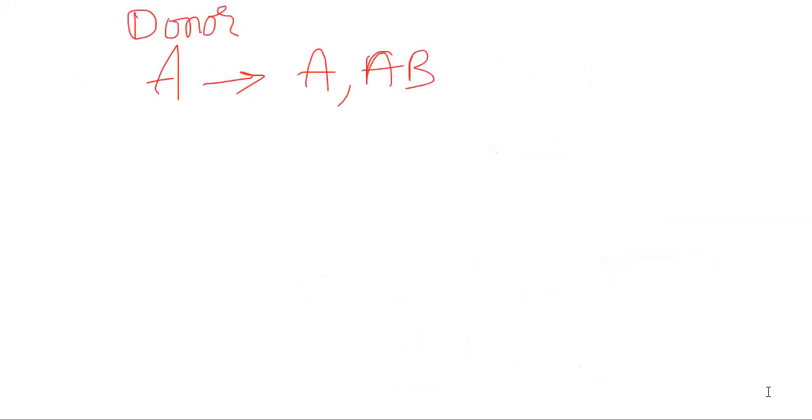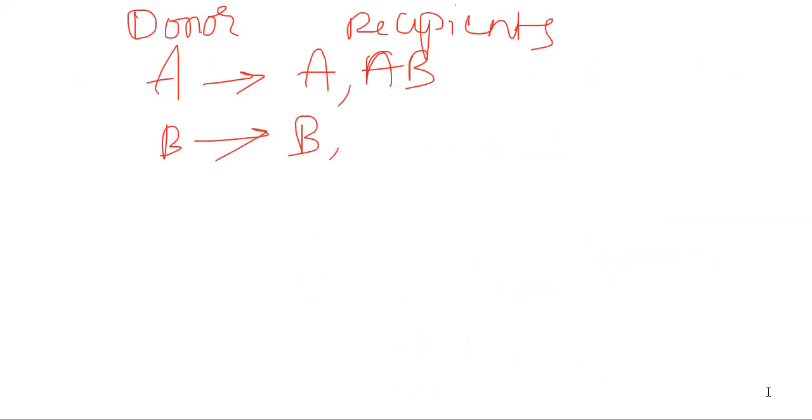Let me take a look at this. A blood group as a donor can give to the A blood group and also to the AB blood group. As a donor, I am writing here, these are recipients. Then we proved in the previous class, B as a donor can give to B, the same blood group, and also to AB.